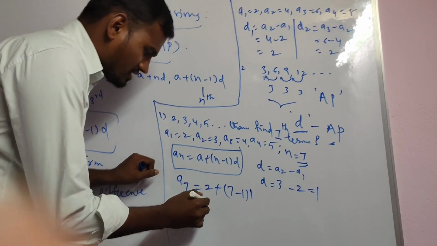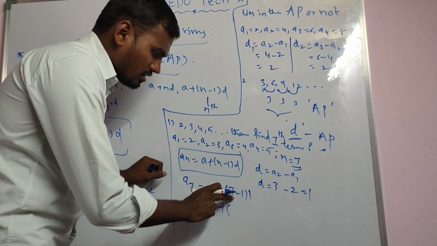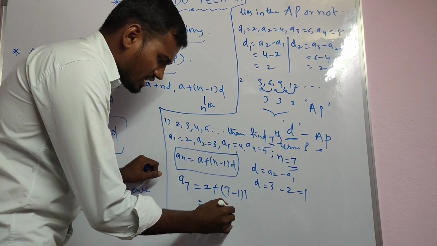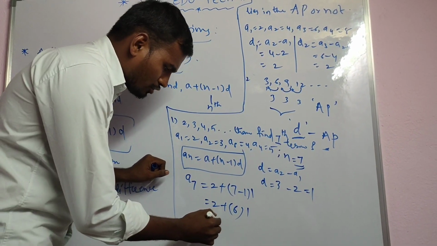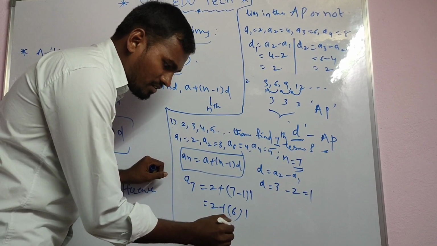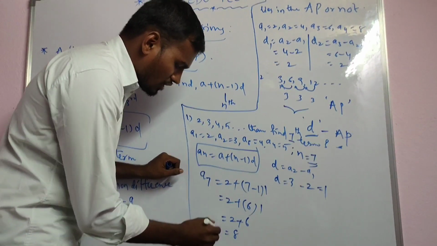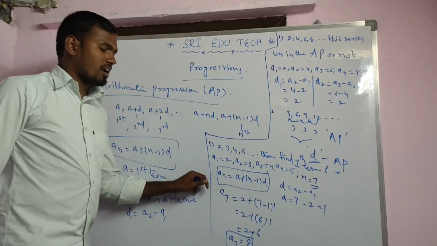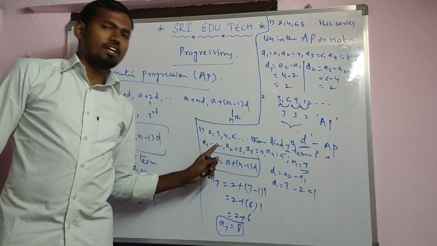Then 2 plus (7 minus 1, that is 6) into 1. 2 plus 6 ones are 6, and 6 plus 2 is 8. Therefore A7 is equal to 8. So this is the process to find the nth term of an AP.